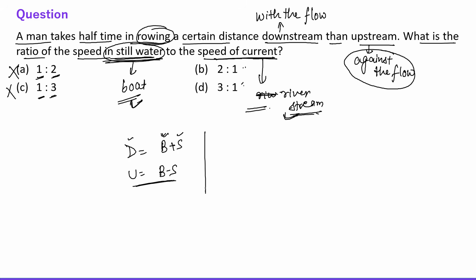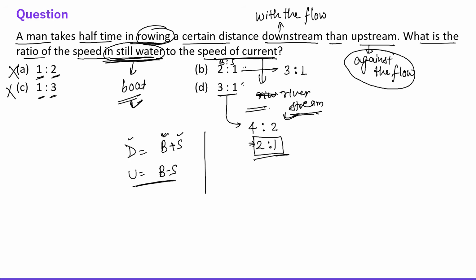Alright. So here we just have to take B plus S to B minus S in the ratio. Here B and S are given. So B plus S is 3 and B minus S is 1, so this is 3:1. And here B plus S is 4 and B minus S is 2, so this becomes 2:1.